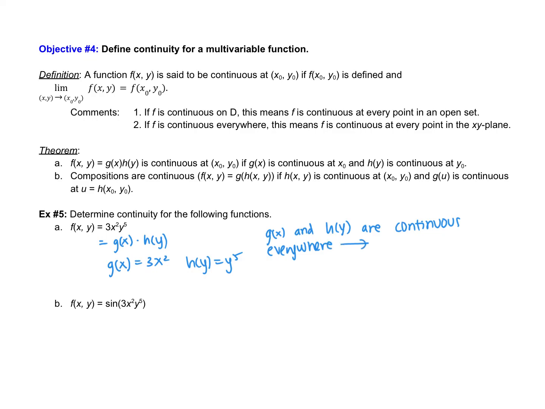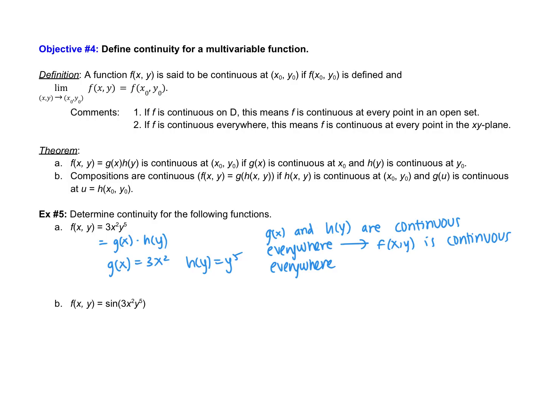Because those are continuous everywhere, that tells us that f of xy is continuous everywhere. And again, you're looking at continuity the same way you did in Calc BC or Calc 2. Is there ever a place where the function is not equal to the value at the point?